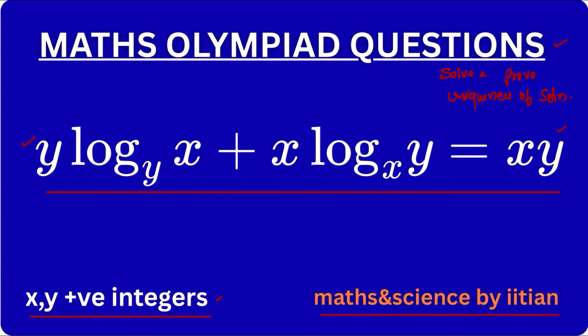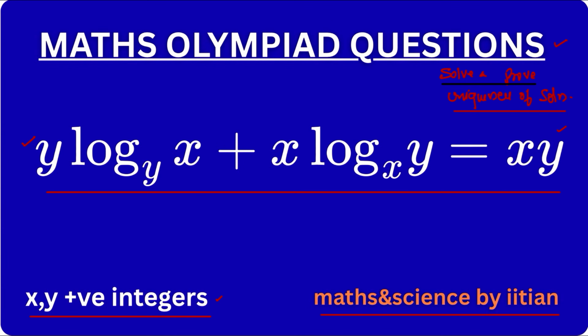By assuming the values of x and y and getting some values of x and y will not work here. We have to prove that it's a unique solution. And what is that unique solution we are going to get? By using the logarithms and your knowledge in algebra.